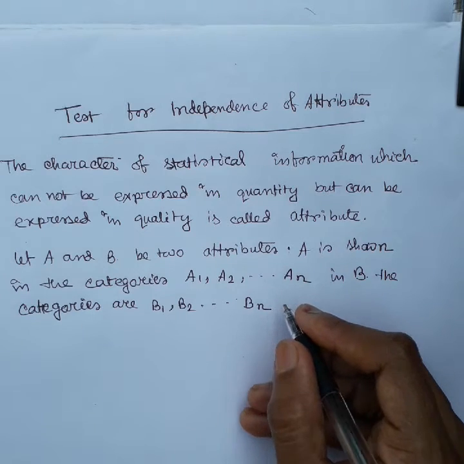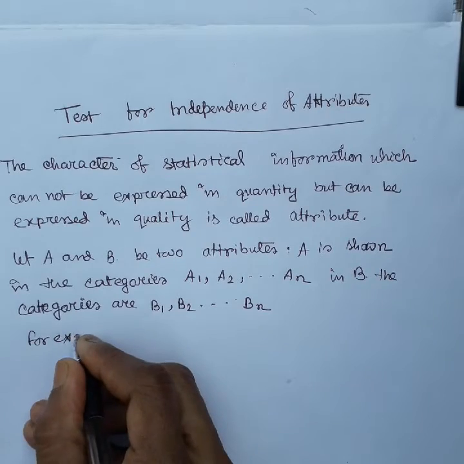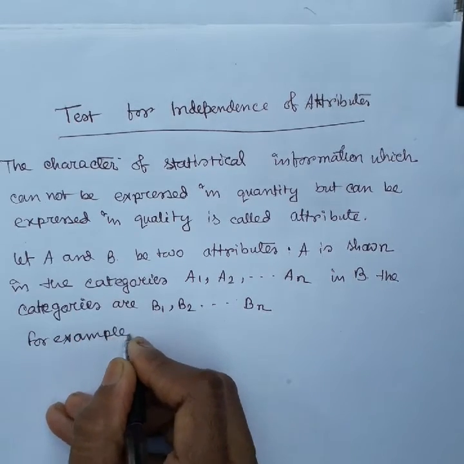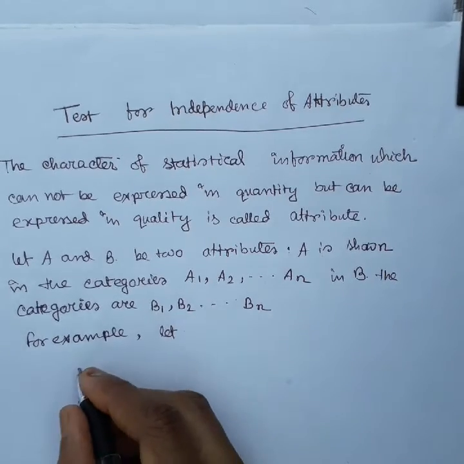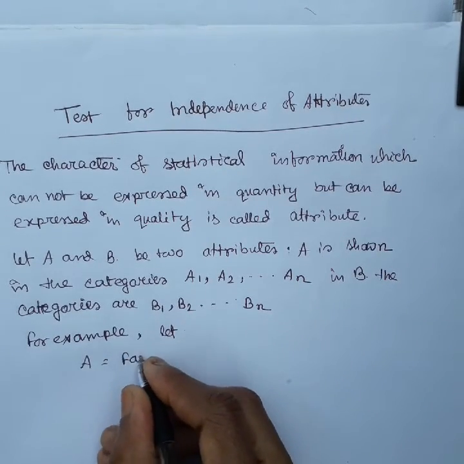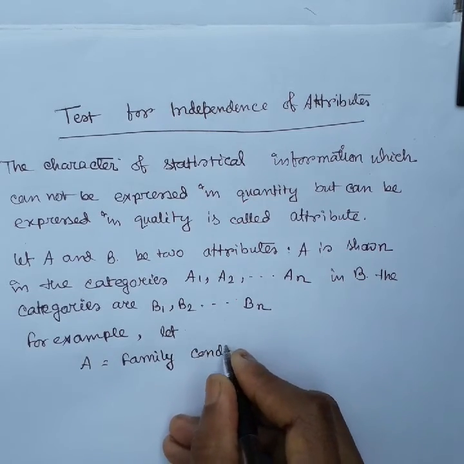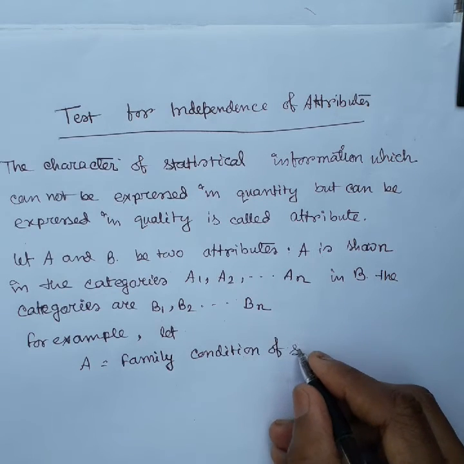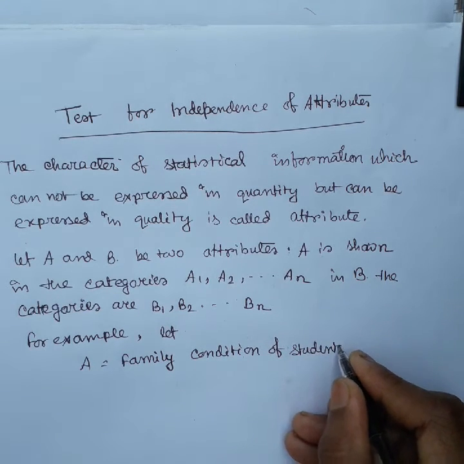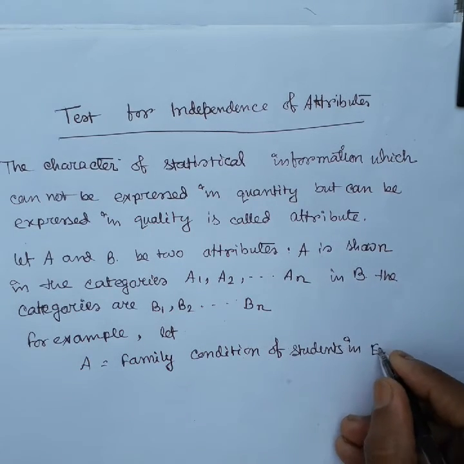Now, for example, let capital A be the family condition of students in an engineering college.